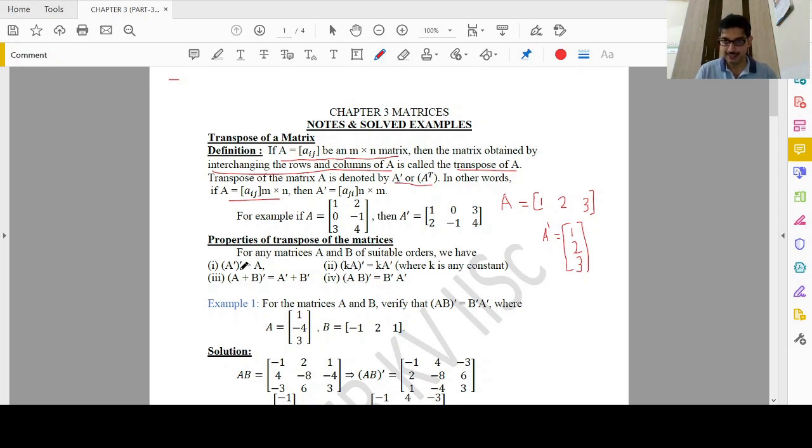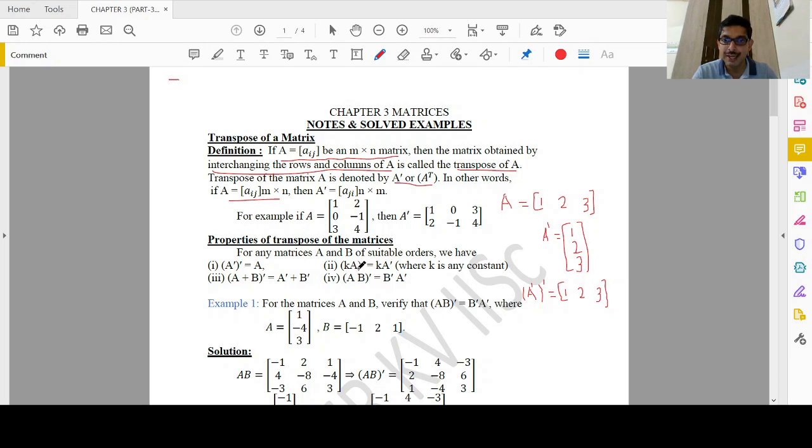If you take the transpose of A transpose, it will become A. For example, A dash dash will become 1 2 3, which is the same as A. Here A equals 1 2 3, a row matrix, and A dash is a column matrix 1, 2, 3. If you take the transpose of A dash again, it will come back to A. That is the first property: A transpose whole transpose is equal to A.